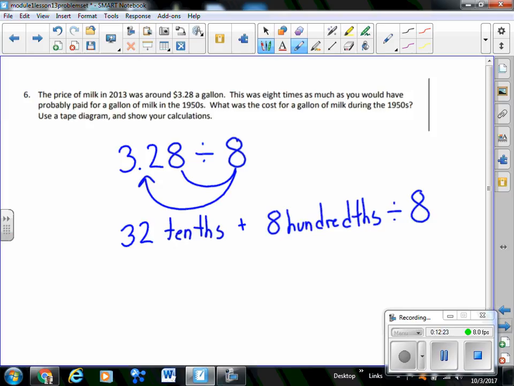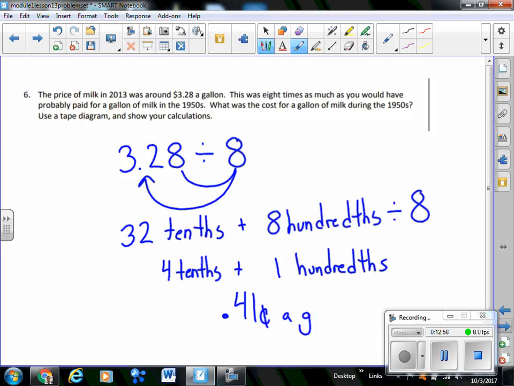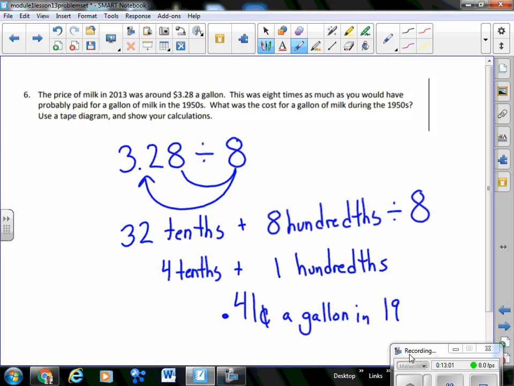If I take the 8 into 32 tenths, 8, 16, 24, 32 gives me 4 tenths plus 8 goes into 8 hundredths once, so we have 1 hundredth, which therefore means if we combine it back together, a 4 in the tenths, a 1 in the hundredths, means that milk was only 41 cents a gallon in 1950.